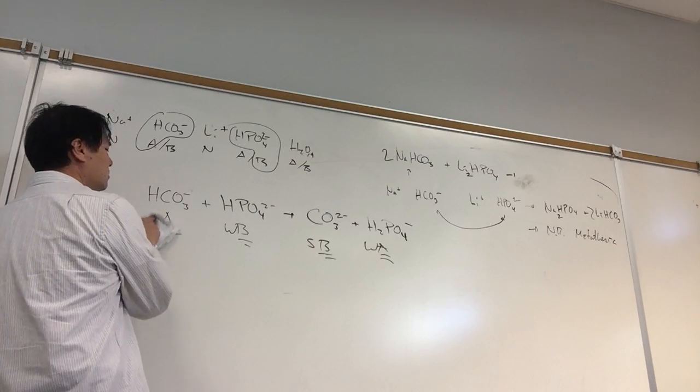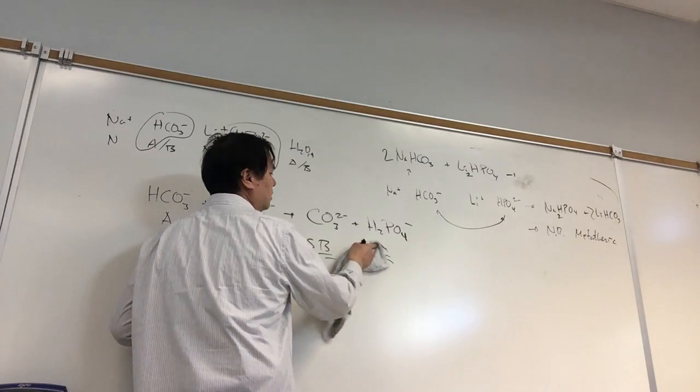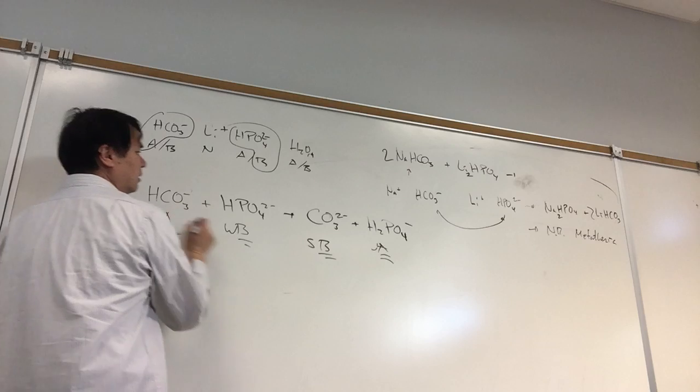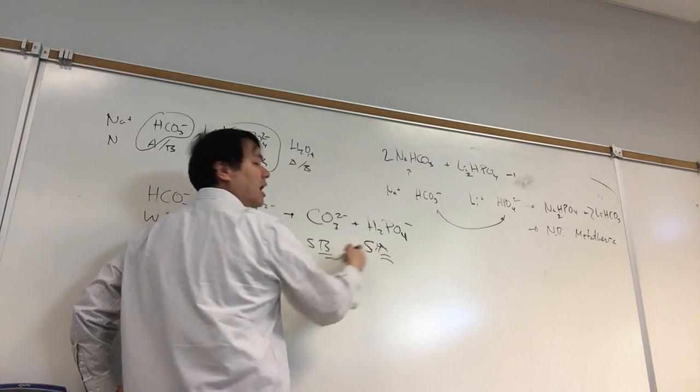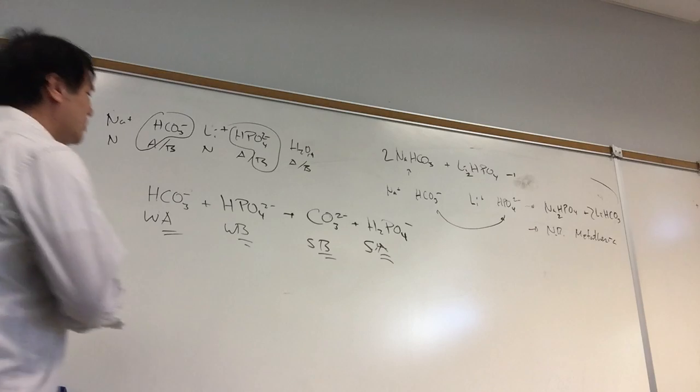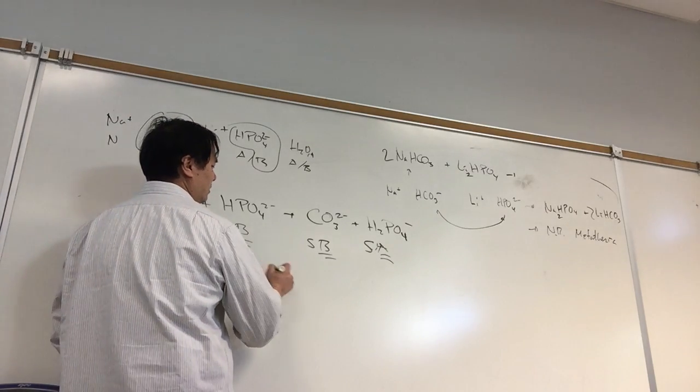So I must have messed up the acids here. And so this is weaker, this is stronger. Now it makes sense. Weaker, weaker, stronger, stronger. But that's no driving force. Right. So unfortunately, this one has no driving force.